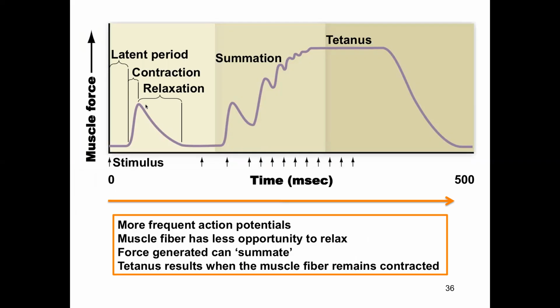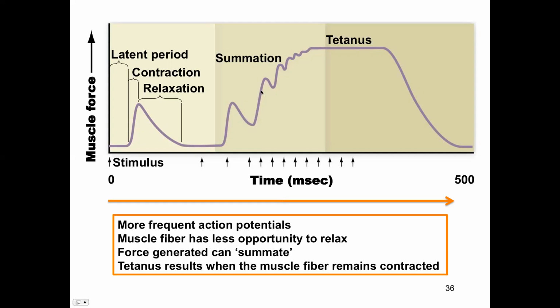So if you're looking at muscle force, all right, and you've got these action potentials coming through, a fiber can twitch, right, can relax, contract and then relax. And then it can contract and relax again, all right? Now, if it is stimulated before it has a chance to fully relax again, it can then add up or summate those potentials.